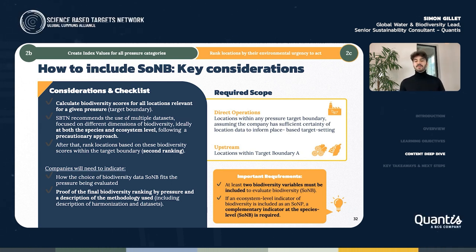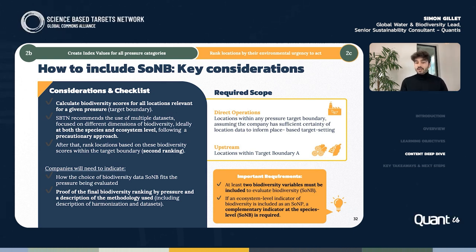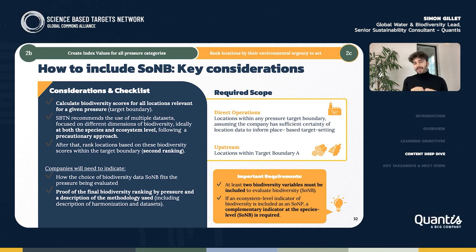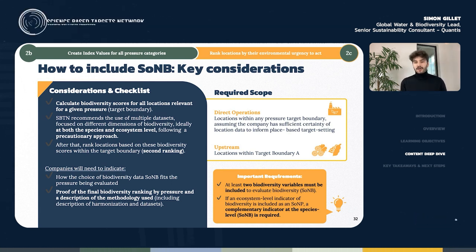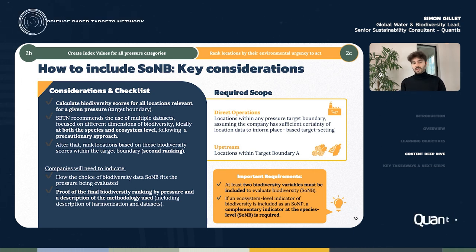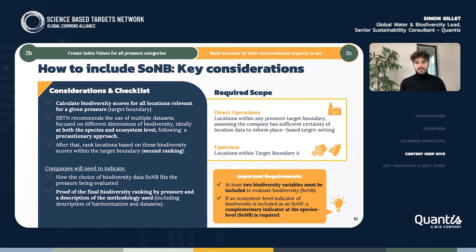The SBTN recommends the use of multiple datasets focused on different dimensions of biodiversity, ideally at both the species and the ecosystem level. The rationale for using multiple datasets is that it allows better analysis because they capture different elements of the environment, so multiple biodiversity aspects.